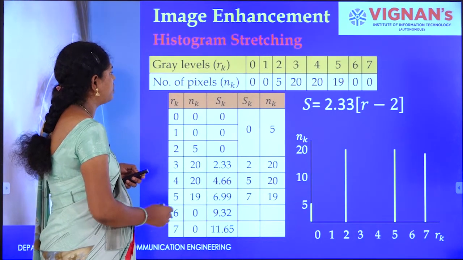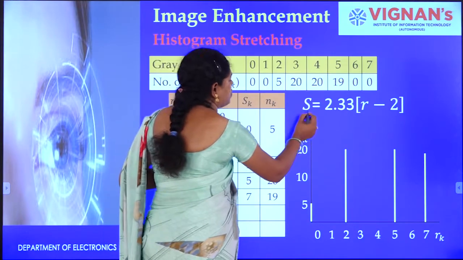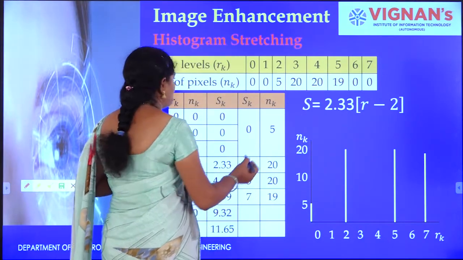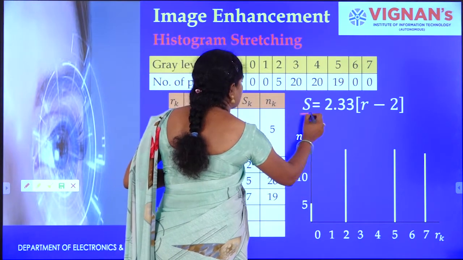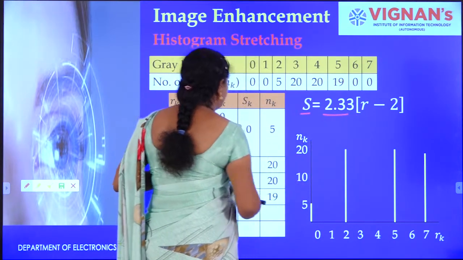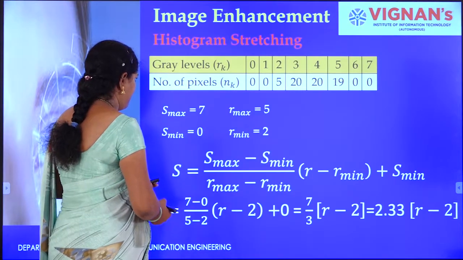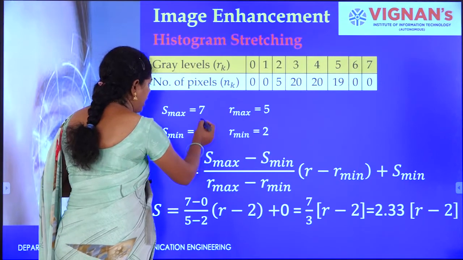Now, here S equals, by substituting all those, S equals 2.33.